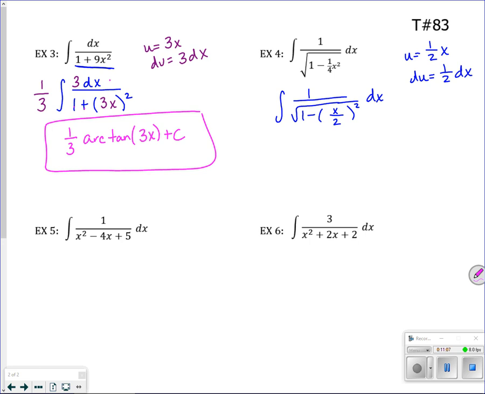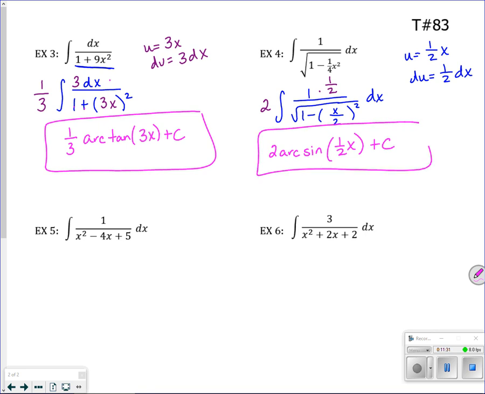So again, what am I missing in the top? I'm missing a 1/2. So if I put a 1/2 on top, what am I going to have on the outside? If I need to multiply to be 1, I'd have to put a 2 on the outside. So now I have it. u prime over the square root of 1 minus u squared. That would be 2 arcsine, either x over 2 or 1/2 x, whichever way you like better, plus c, and you're there.